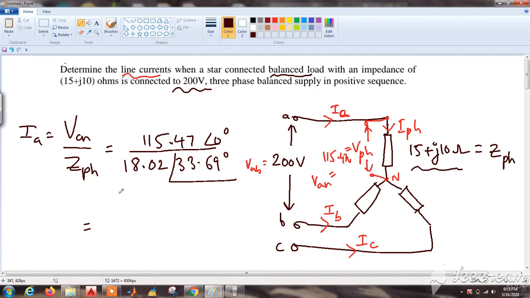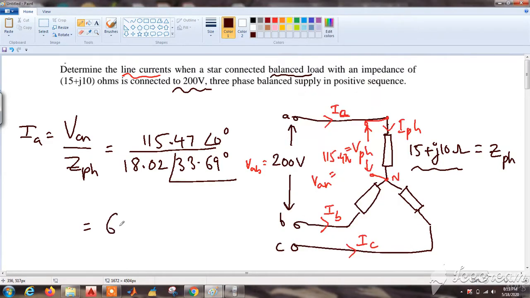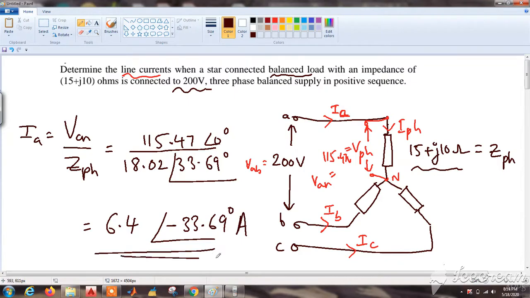Now coming back, 115.47 divided by 18.02 gives 6.4 amperes. For angles it is the numerator angle minus the denominator angle, so 0 degrees minus 33.69 degrees gives minus 33.69 degrees. This is the phase current, and line current and phase current are equal in star. So the line current is 6.4 amperes at an angle of minus 33.69 degrees for line A.